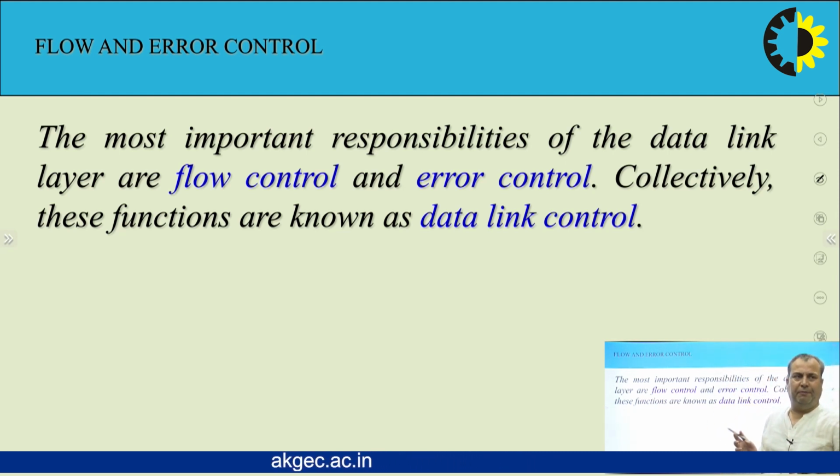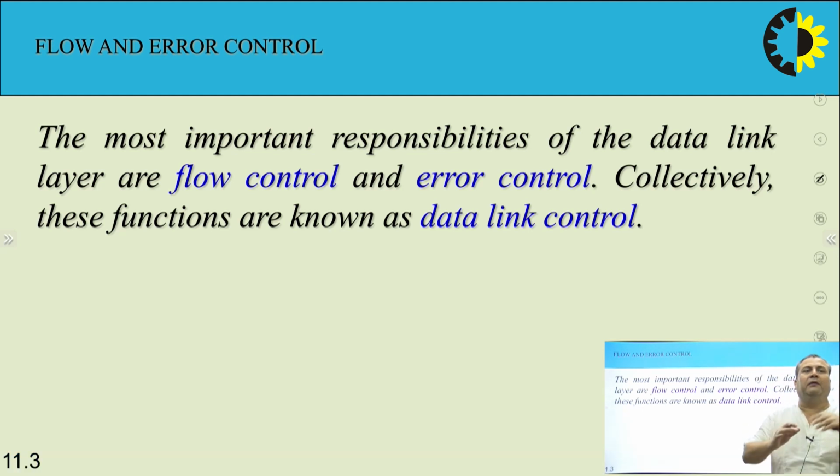This is the job of the data link layer. The most important responsibilities of the data link layer are flow control and error control, collectively also called data link control. So data link control means flow as well as error control.